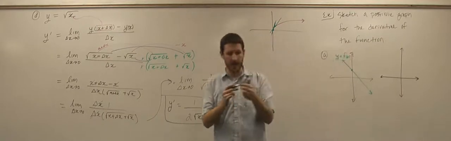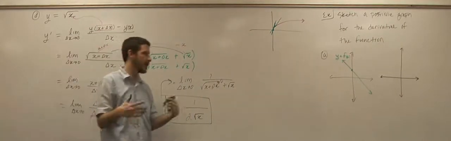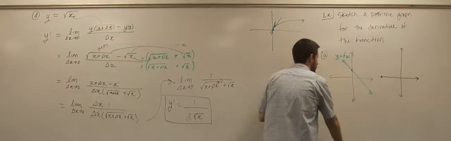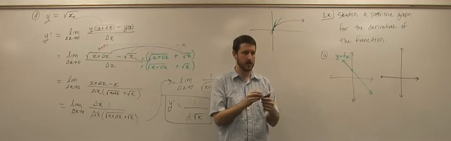So how do you think I can analyze this to get the graph of the derivative without having the formula? I don't actually want to do a difference quotient. I don't actually want to use any equations. I just want to think about what the derivative means.